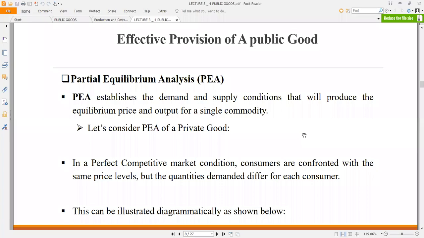With this, we are talking about doing the demand and supply analysis of a single good. Remember, we have general equilibrium analysis. That one is talking about the entire economy. So this one, we just take one private good and then we see how that good is produced and how it is priced. So when we're talking about a private good, we are talking about a competitive market.